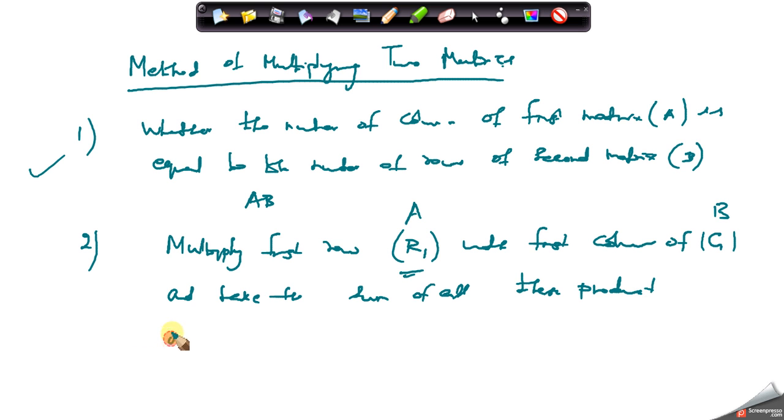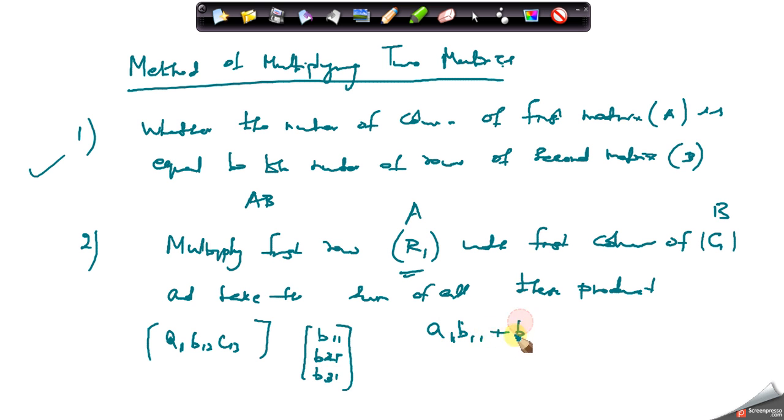Assuming that the matrices are like A, B, C, this is nothing but A11, A12, A13, and this is B11, B21, B31. So we need to have A11 B11 plus A12 B21 plus A13 B31. This is the first element of the product matrix in this case.